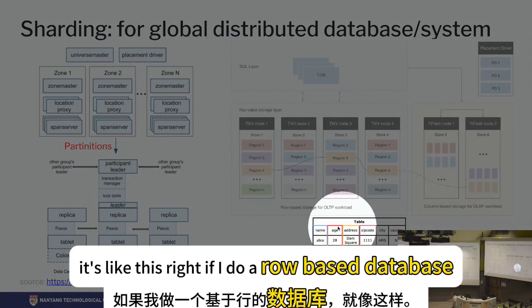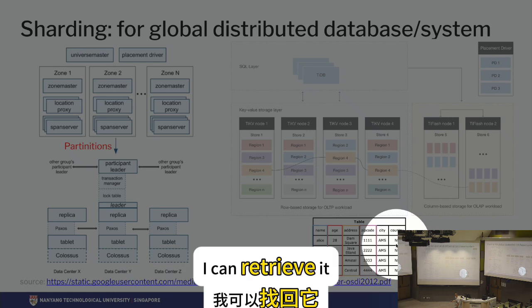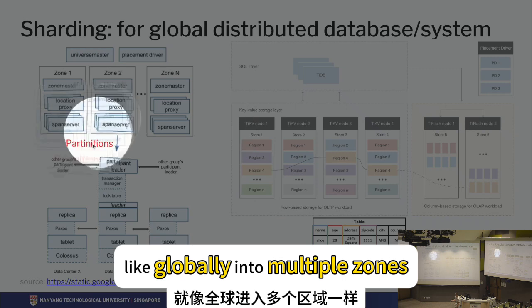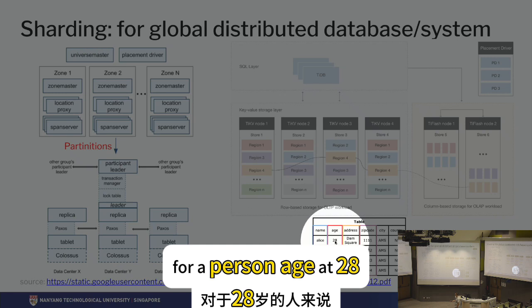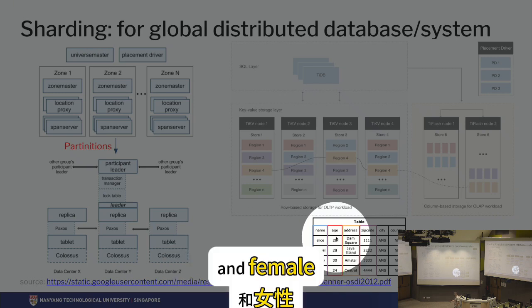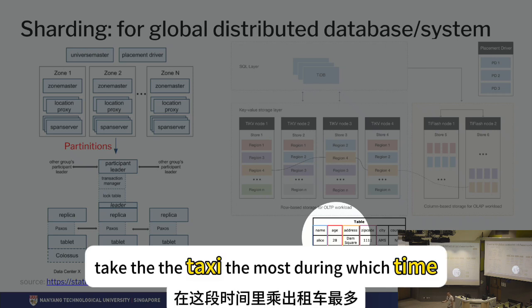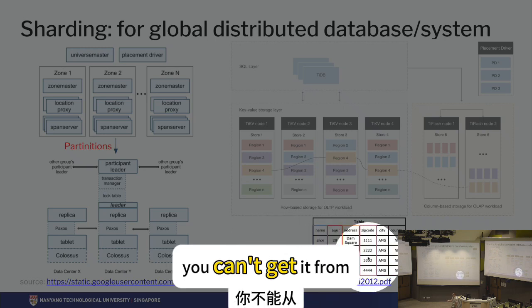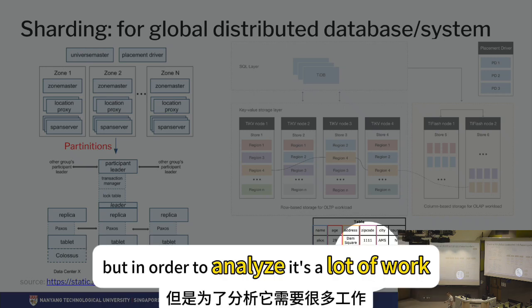If I have a row-based database, I know a person called Alice and her age and all her information, and I can retrieve it. But imagine I store all the data globally in multiple zones, and I want to know, for a person aged 28 and female, during which time she takes a taxi the most. You can't get this kind of information easily from a row-based database. You can get it, but in order to analyze it, it's a lot of work.